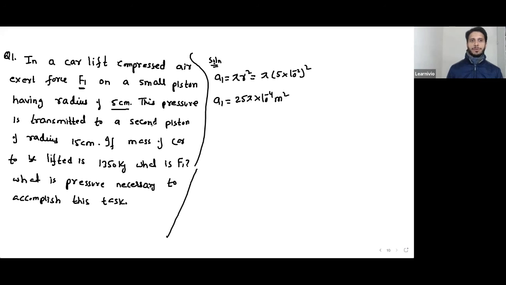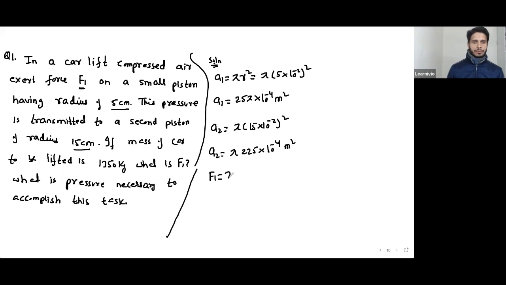This pressure is transmitted to a second piston of radius 15 centimeters. So the area of the wider piston A2 is pi into (15 into 10 raised to the power minus 2) squared. So A2 is 225 pi into 10 raised to the power minus 4 meters squared.